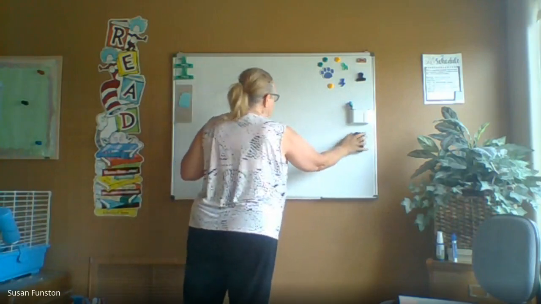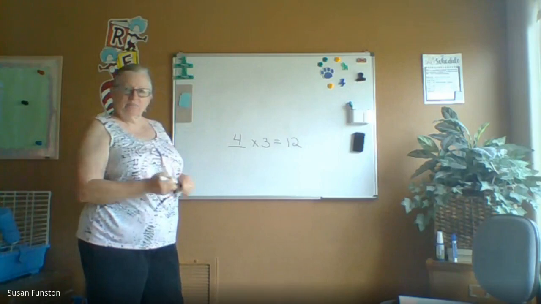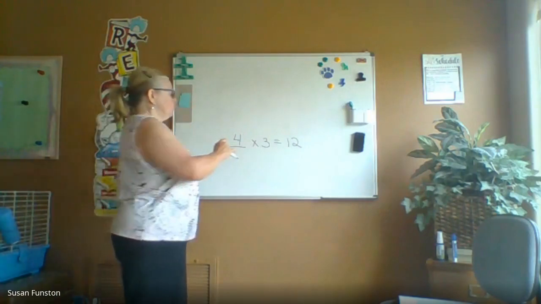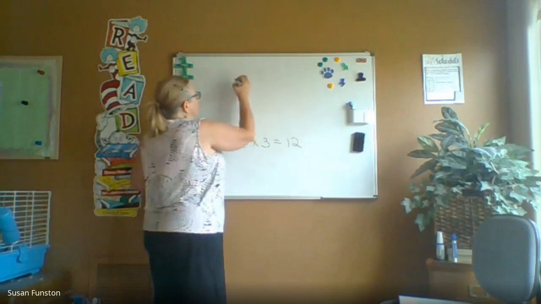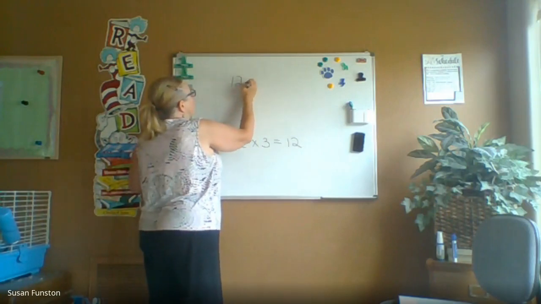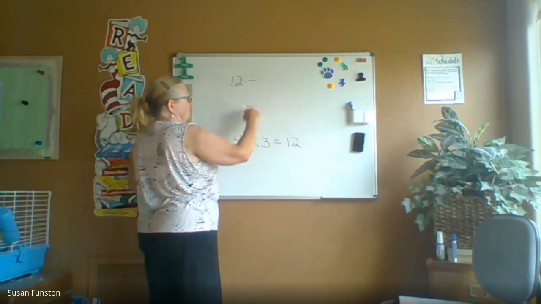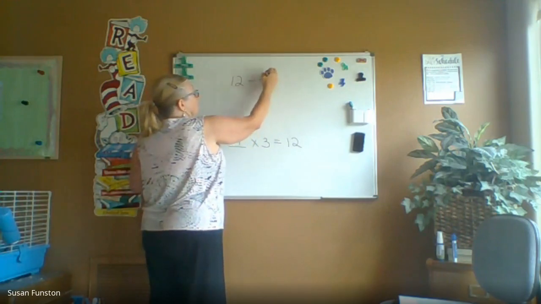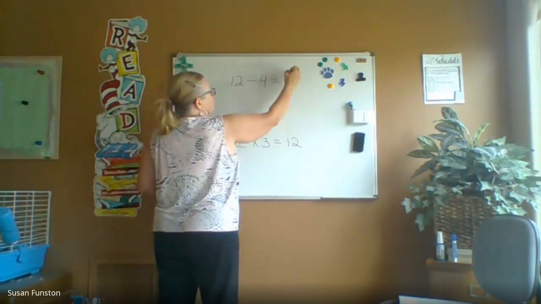Can I use this information to write a division sentence? I always start with my biggest number, so which one's biggest, 4, 3, or 12? 12. So 12 is my first number in my division sentence. Then I'm going to use one of these numbers as my factor. 12 divided by 4 equals, well, the number I left is 3.